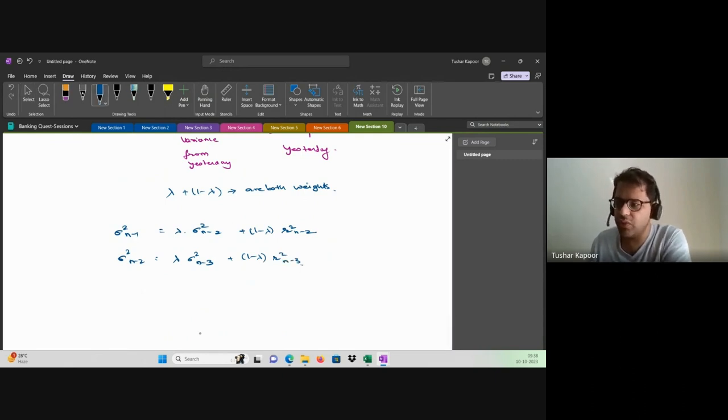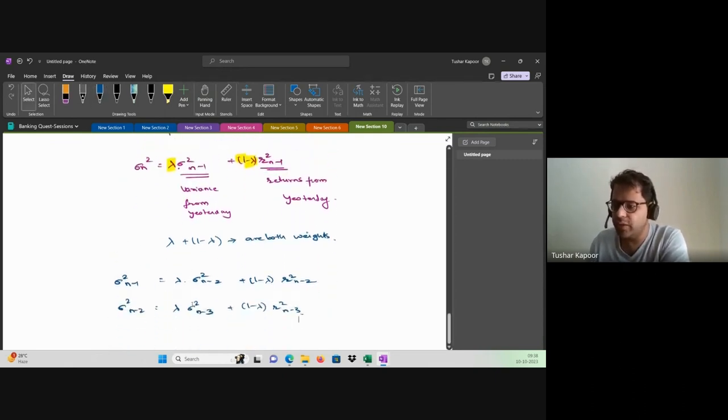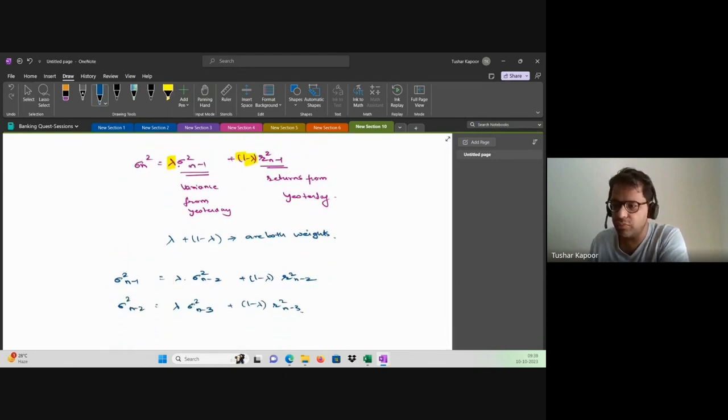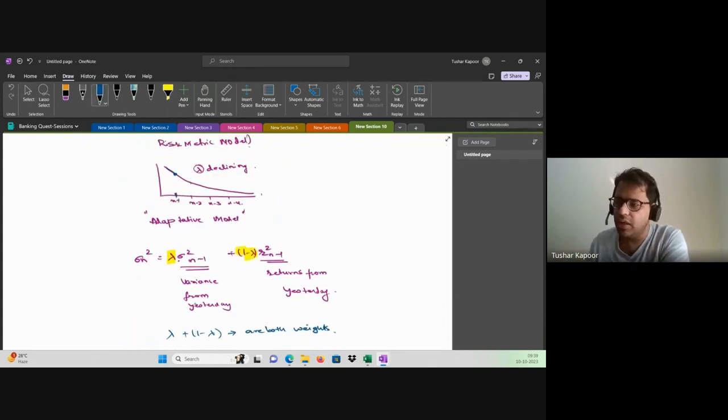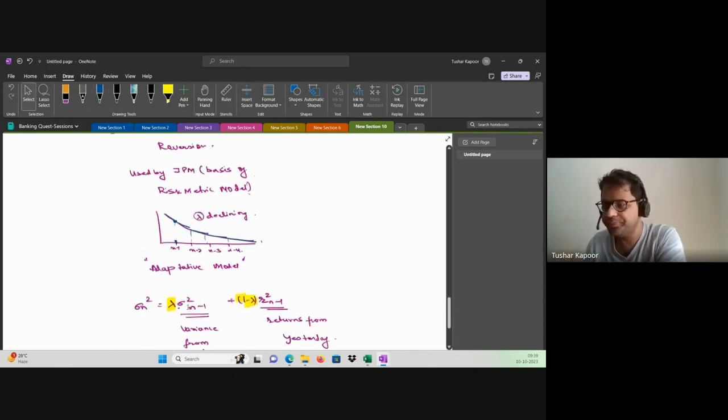So if you calculate for n minus 2, put that in this equation, calculate for n minus 1, put that n minus 1 into this equation, you get n. In a way, what is happening is the more past I'm going, the more historically I'm looking at things, the more my lambda, or the weight, is declining in nature, which is also the sensible thing to do in this case.